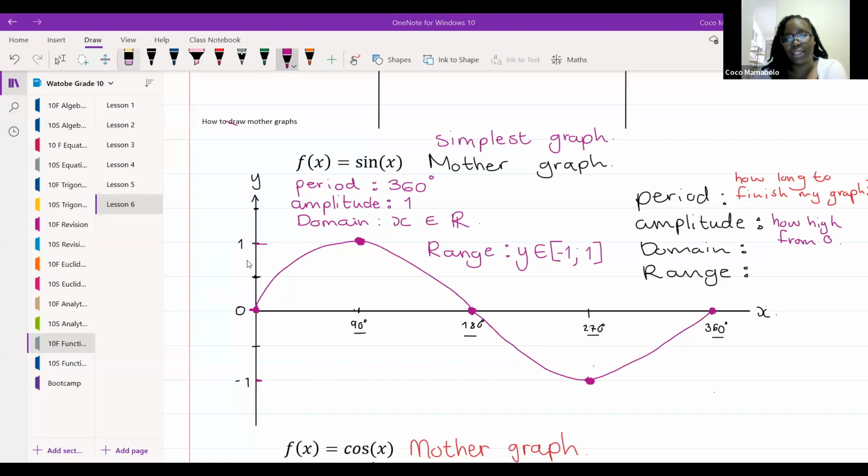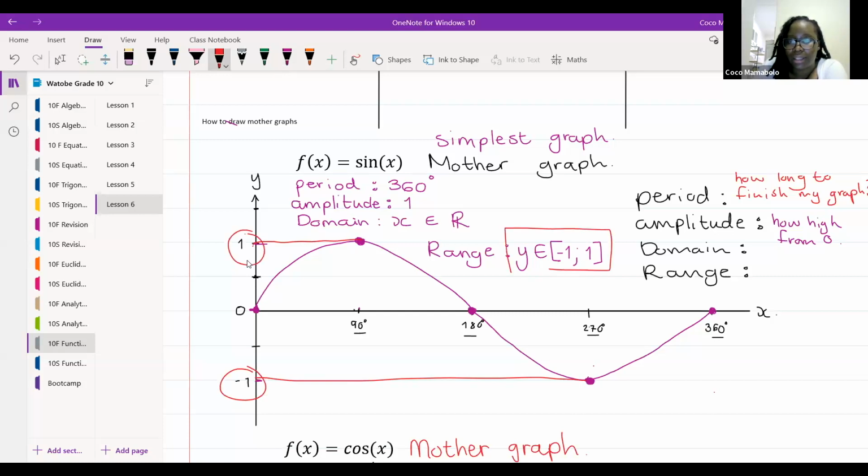It will say this: set of all x values. Okay, Sinoguhle, the range is from my lowest point to my highest point. So between -1 and 1. That's why my range looks like this.